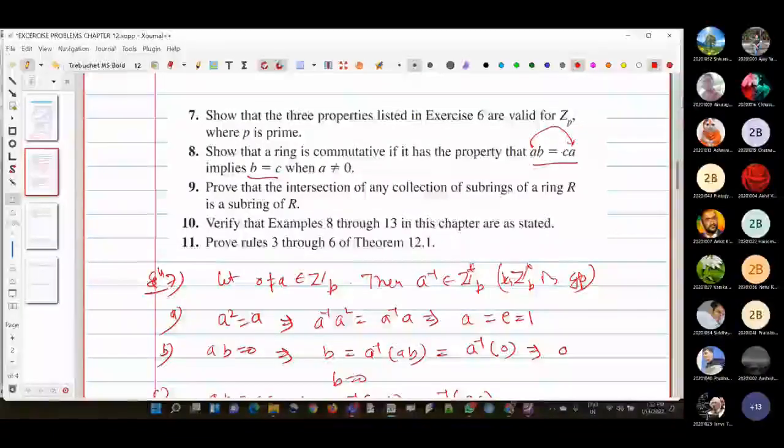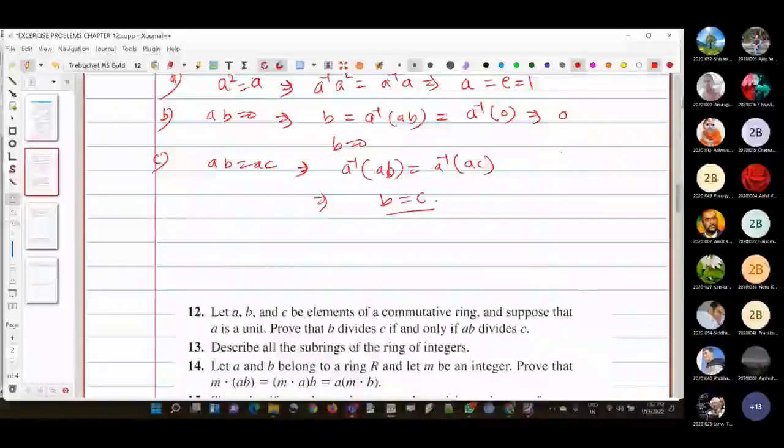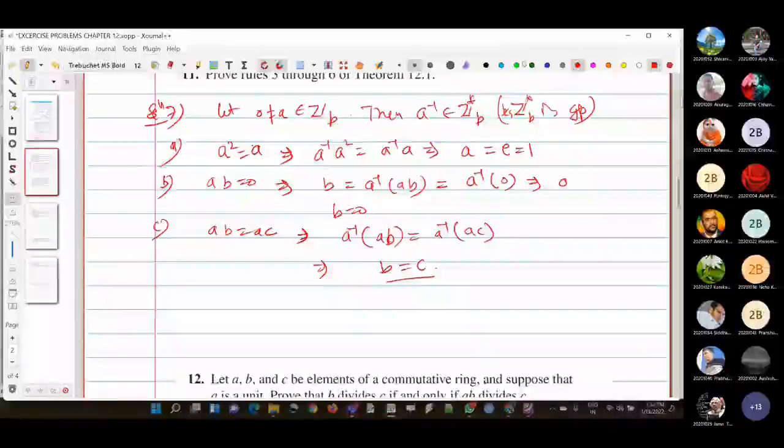So in this case, we can have B equals C. Okay, so let us see how we can prove this. This is question number 8.